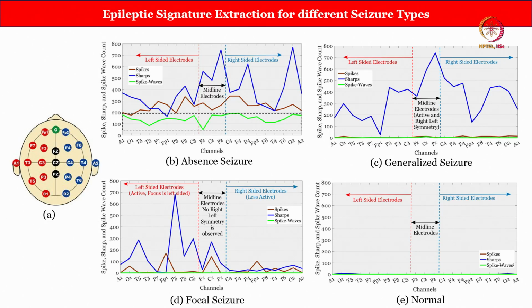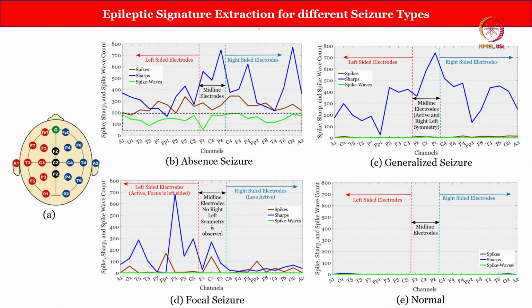So, then we found that the sharps on the right channels and the left channels, along with the spikes and spike waves, right, can be very distinctly seen. You can see very distinctly it can be seen.